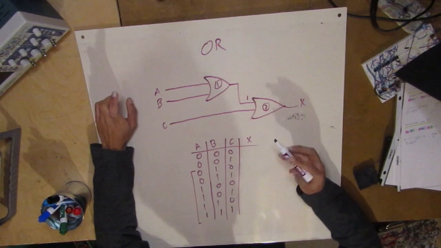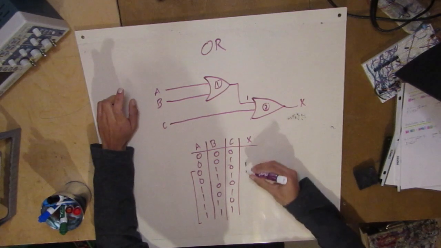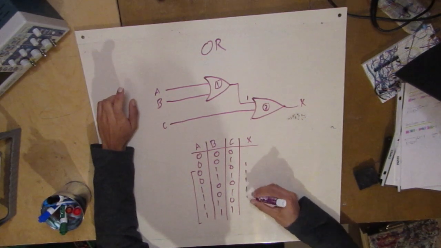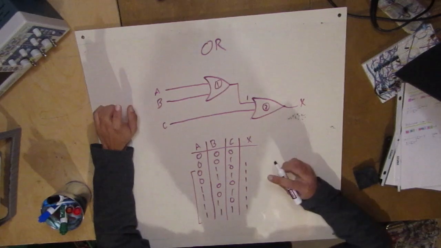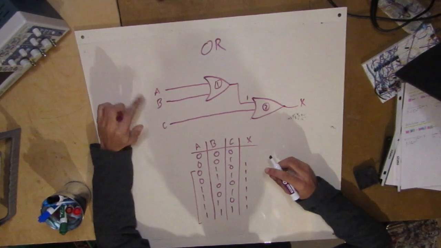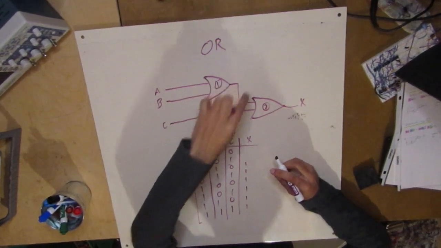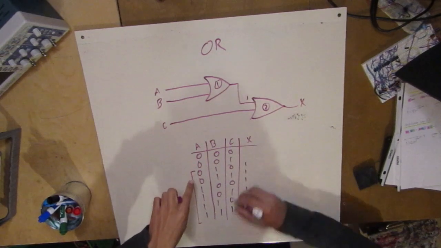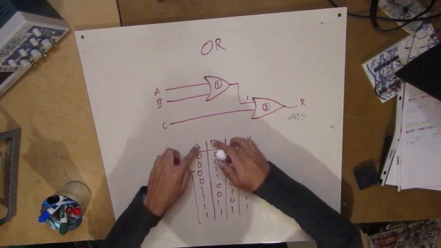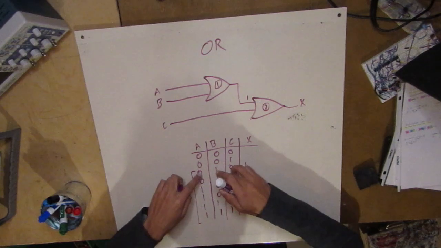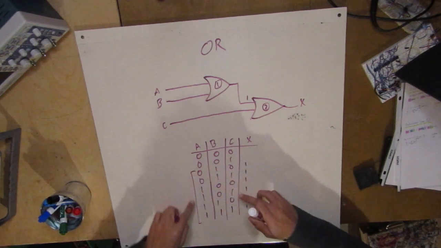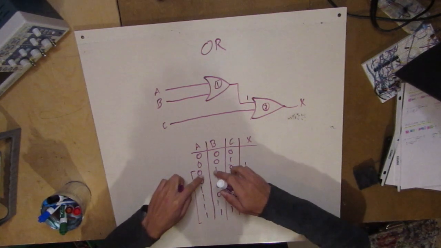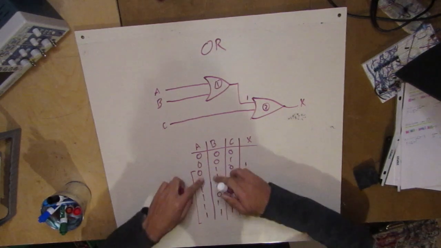So we could conclude that there's going to be a 1 here, a 1 here, a 1 here, a 1 here, a 1 here, and a 1 here. Because this is OR logic. Any of them could be on and it'll activate this gate. We're only looking at A and B, forget this whole column. I'm only interested in A and B. And in all of these rows that I labeled with the parentheses, there's at least one 1 somewhere.